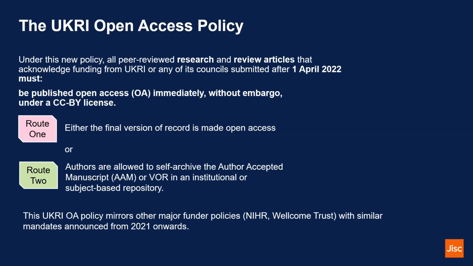And here an author is permitted to self-archive their work, either the accepted manuscripts or the version of record, and that's to be self-archived in an institutional or subject-based repository. But again, as mentioned, it has to be immediate without embargo and with a CC BY license. Now, this policy from UKRI mirrors policies from other major funders in the UK.